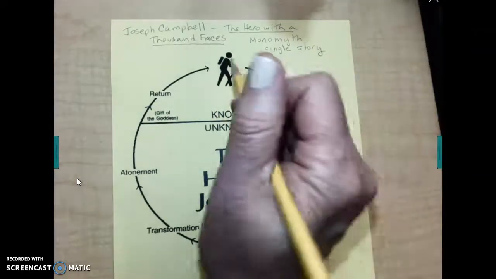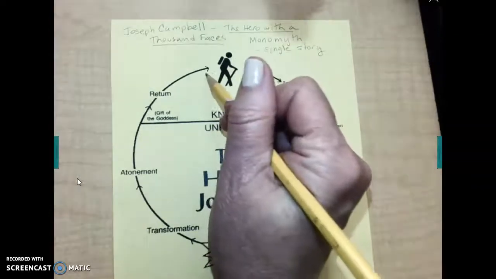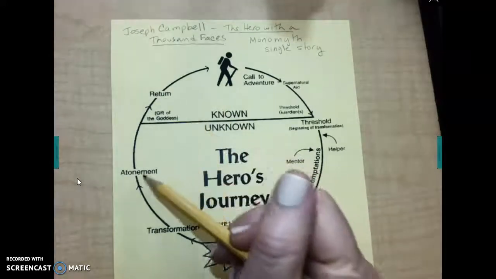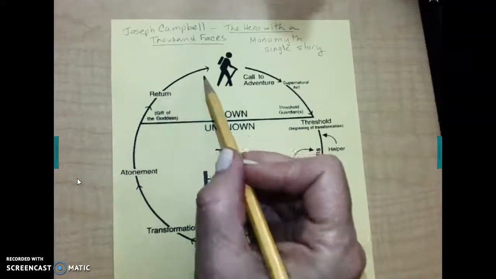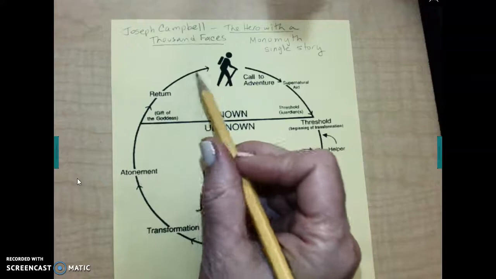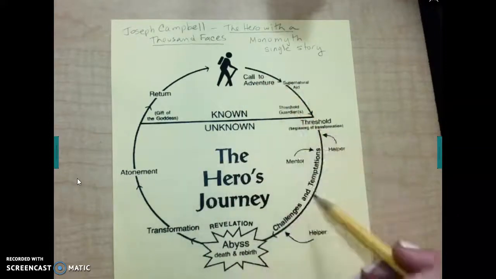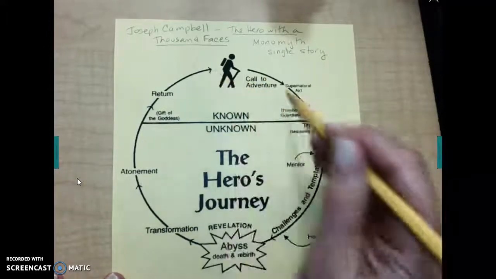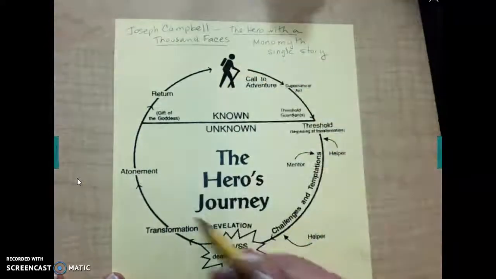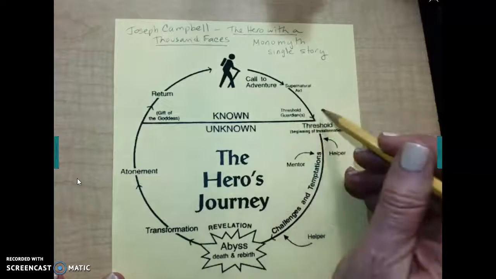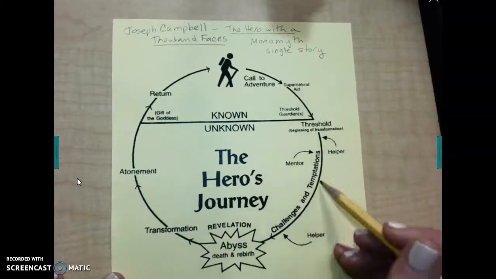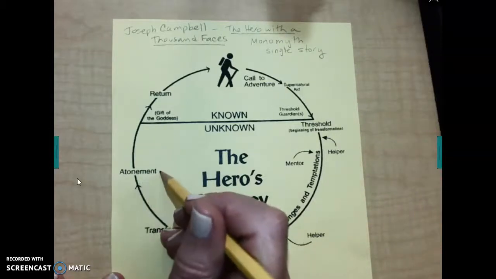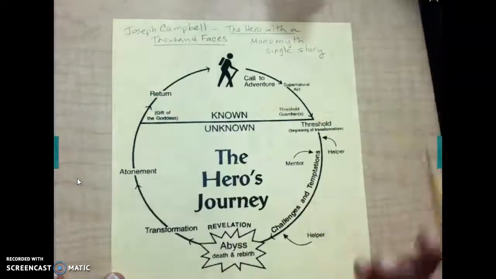Even when we have a hero that experiences a tragedy at the end, like possibly even death, the hero can still return to the community and still have come back with something greater than what he had when he started his adventure. Okay, so in a broad general sense, I like this diagram. There's the call to adventure. Then there's crossing over the threshold, the challenges and temptations, the abyss, how he transforms. There's an atonement, and then there's a return.